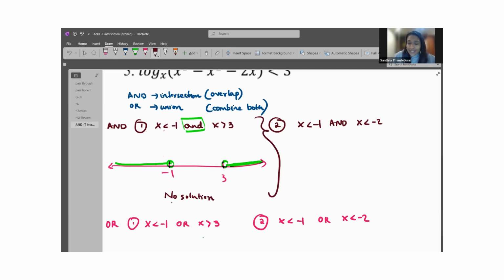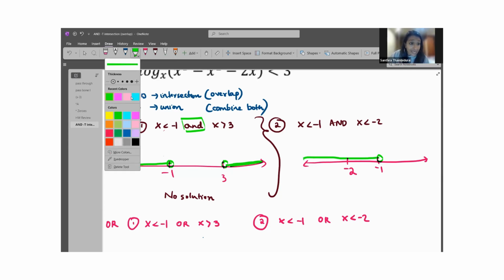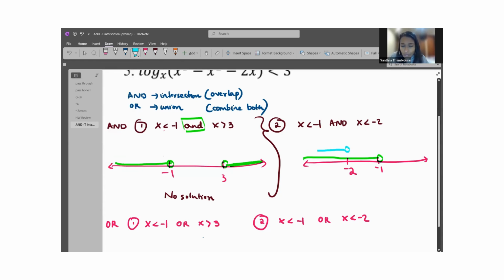Okay, let's look at the next example. x is less than -1 and x is less than -2. So I'm going to draw a number line again. You have -1, -2. We have x is less than -1, so that's going to go this way, and we're doing x is less than -2, so that is going this way.